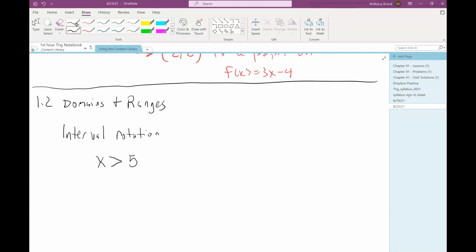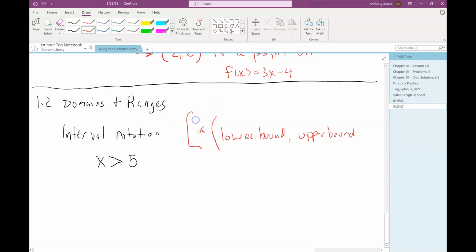When we write interval notation, the format is we write the lower bound first, and the upper bound second, separated by a comma. Then we use a parenthesis or a bracket.